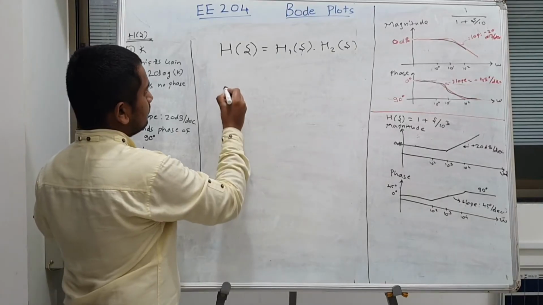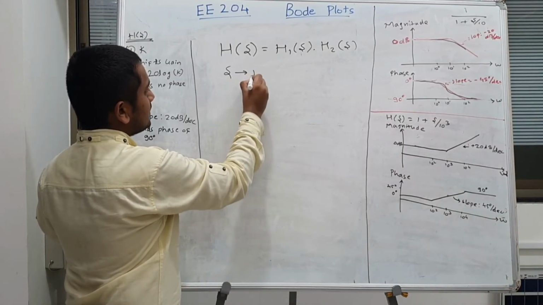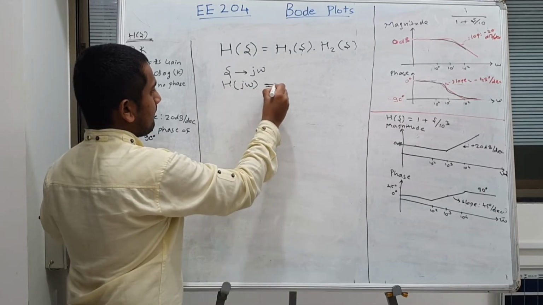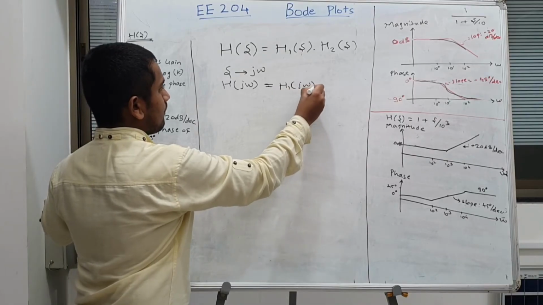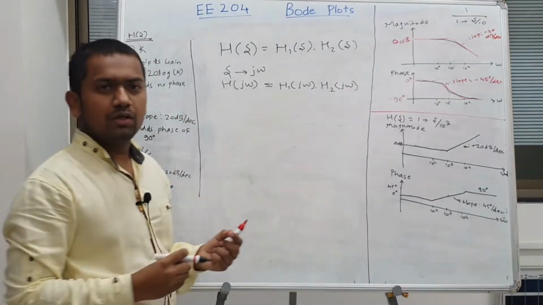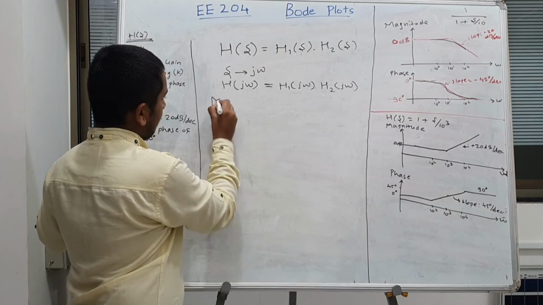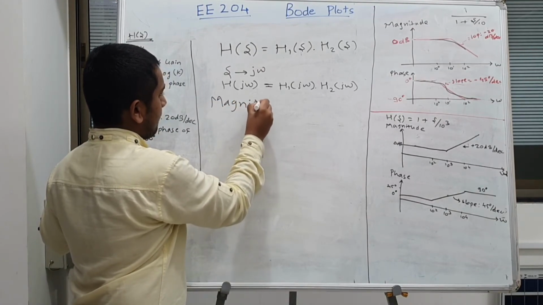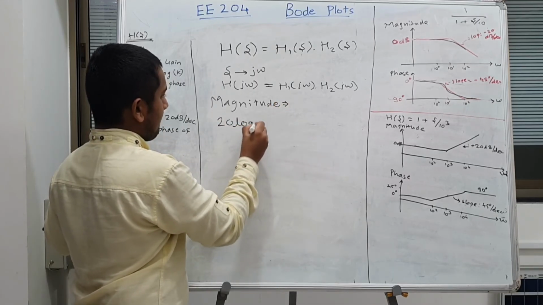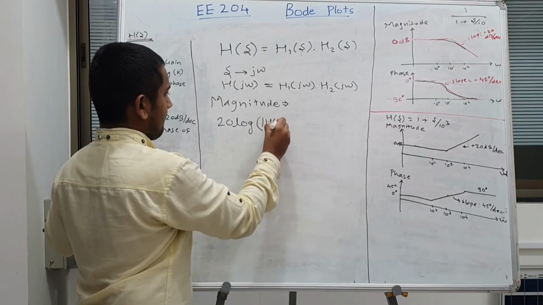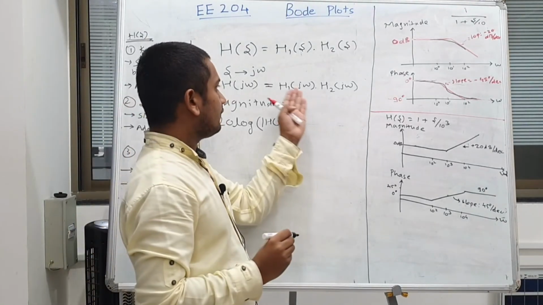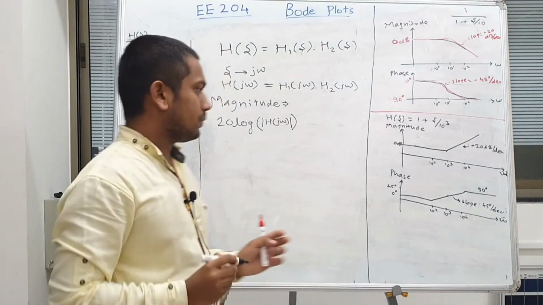For the magnitude plot, the first step is to replace s by j omega. And then we use a 20 log operation. We know that log of a into b is log a plus log b.